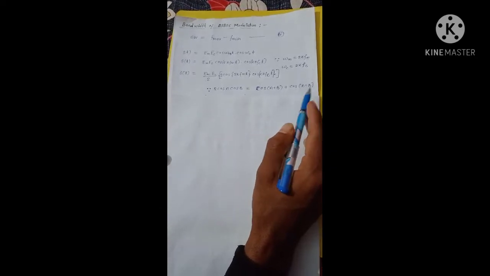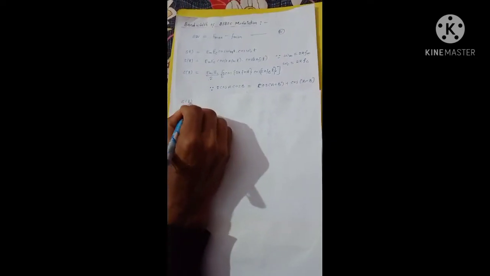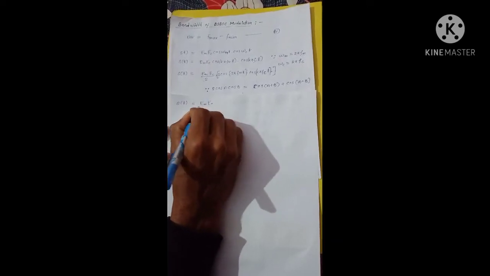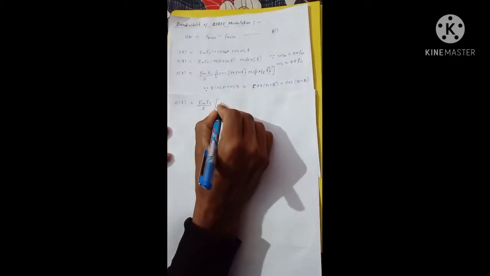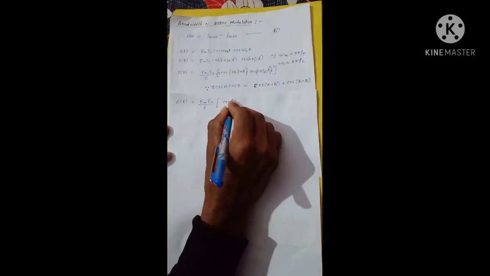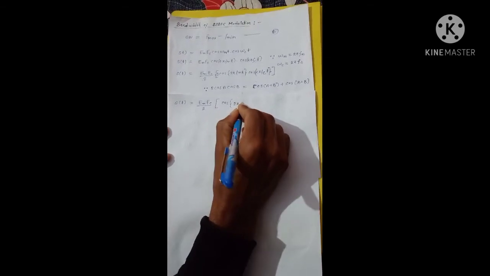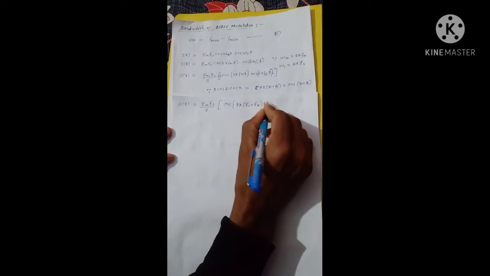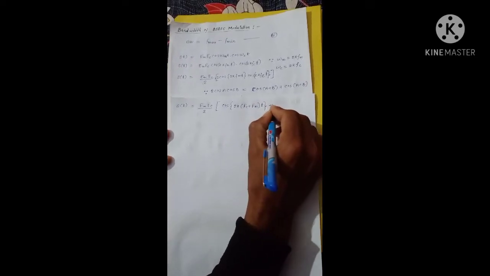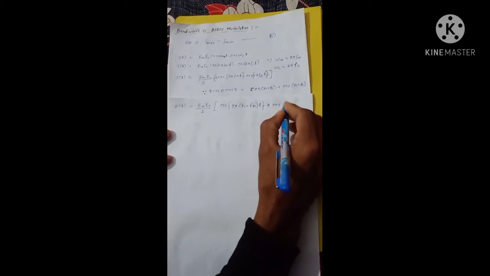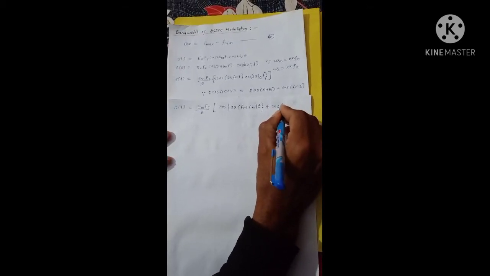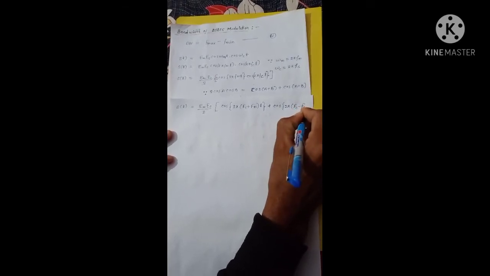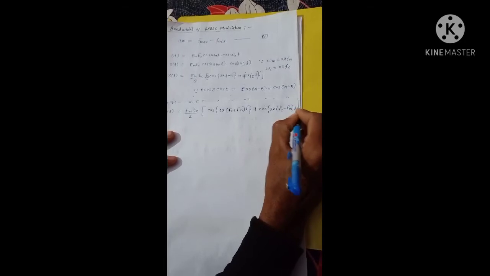So we will get s(t) is equal to Em Ec upon 2 into cos 2 pi (fc plus fm) t plus cos 2 pi (fc minus fm) t.